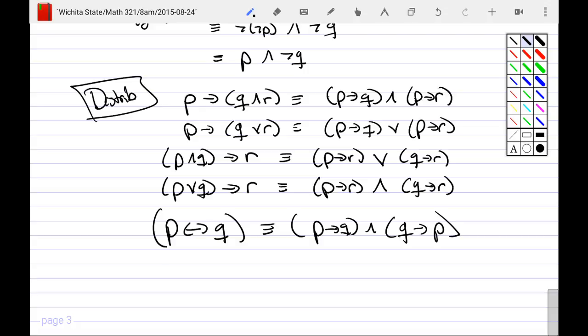And then we also have a form of, since both of these are logically equivalent to, P implies Q is logically equivalent to not Q implies not P. Q implies P is logically equivalent to not P implies not Q, but that's just a biconditional again, so that tells me that P if and only if Q is the same thing as not P if and only if not Q.